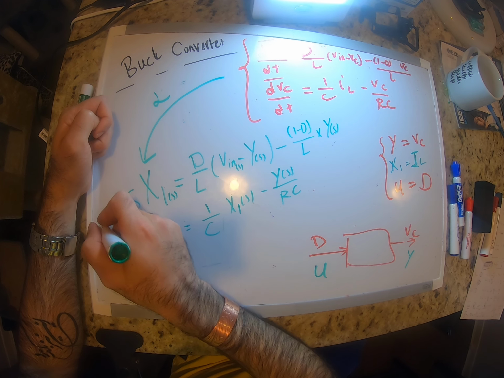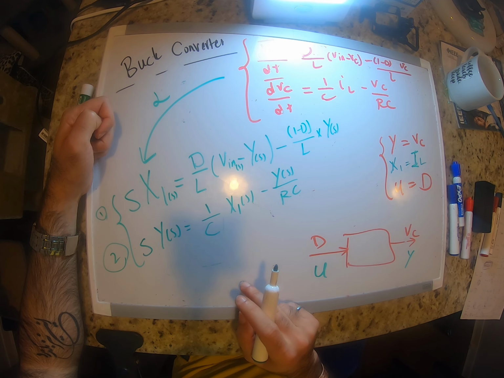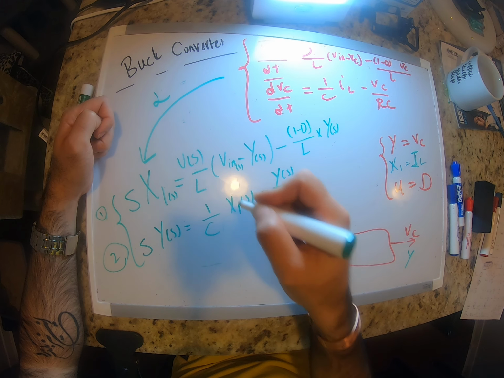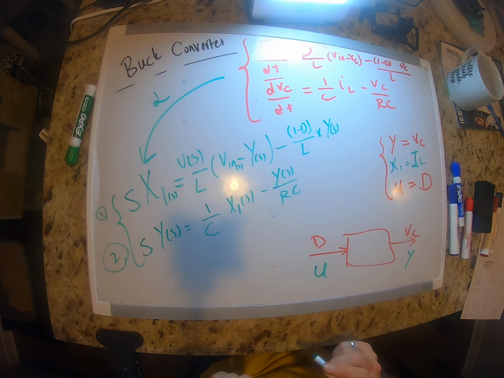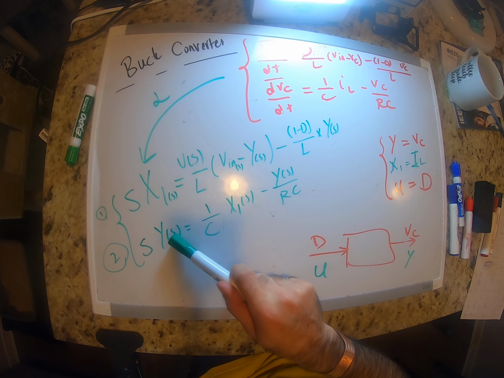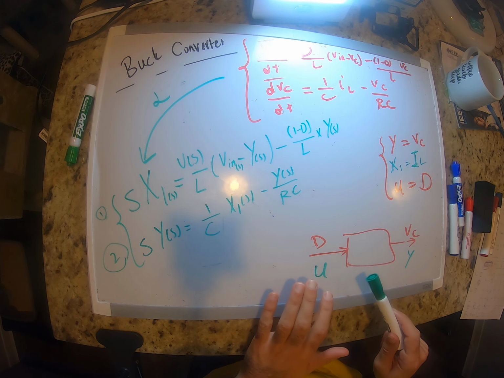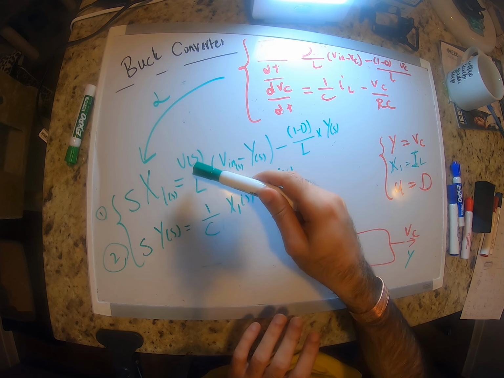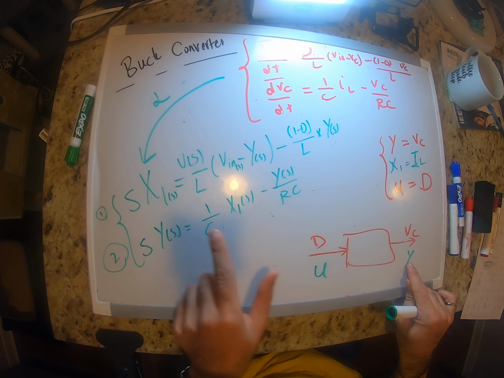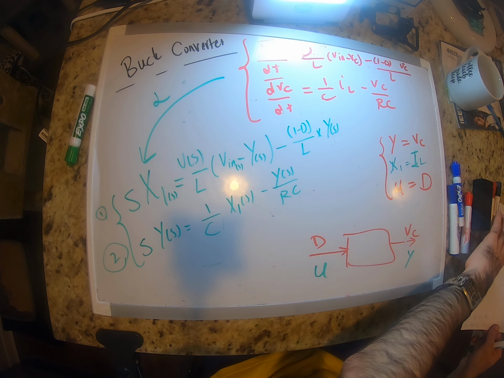So we have two equations. I also wanted to replace D with U of S. So we have two equations in terms of Y, X1, and U. But we want to merge these two into one equation that relates only Y to U, so we want to get rid of X1.